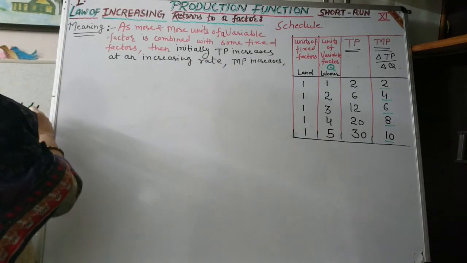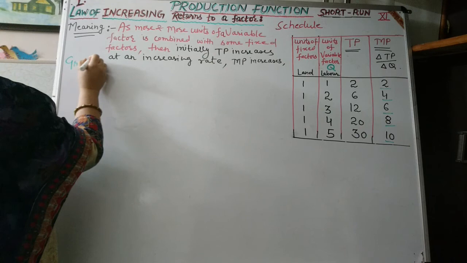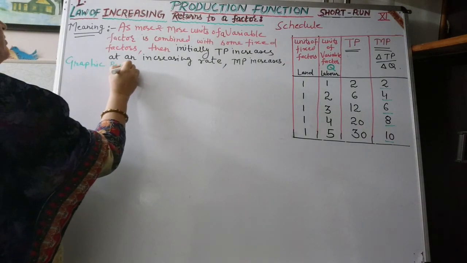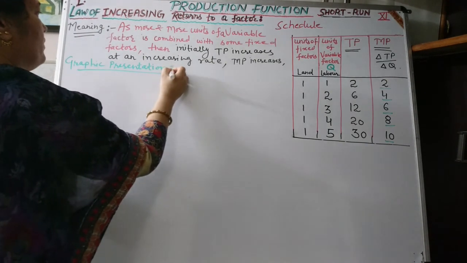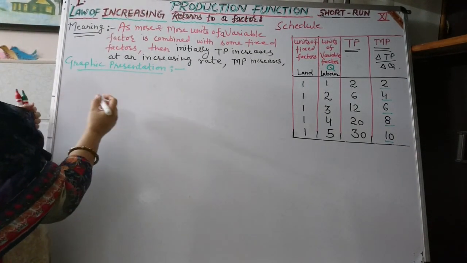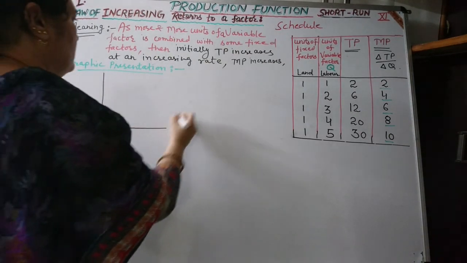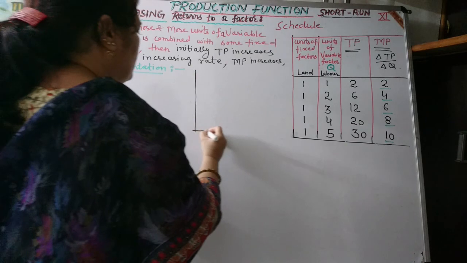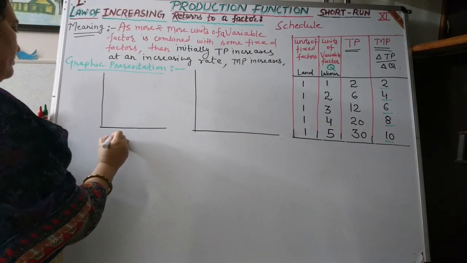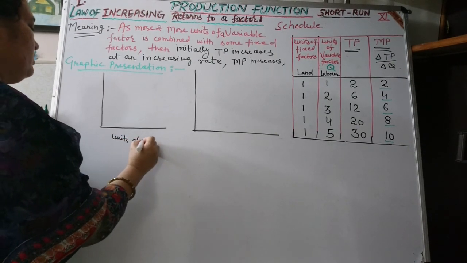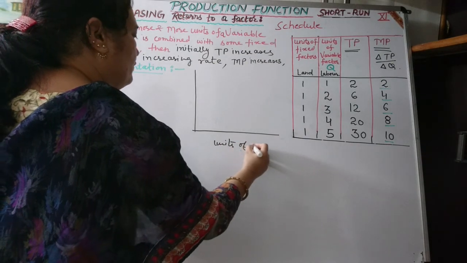And now let us first of all draw a diagram, the graphic presentation of the law of increasing returns to a factor. We will draw 2 separate diagrams: number 1, total production, and number 2, marginal production. On the x-axis, units of output.